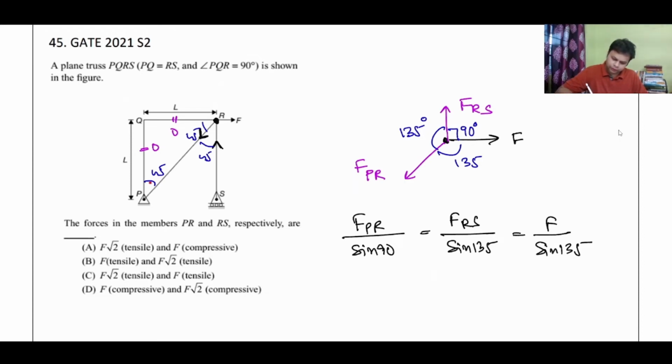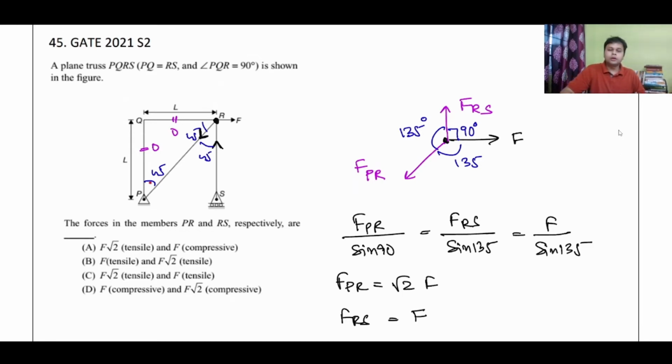So what is FPR now? FPR will become F over sine 135. Sine 135 will be sine of 45, so 1 by root 2. So it will become root 2 F. And FRS, you can see sine 135 will get cancelled out. So it is equal to F.